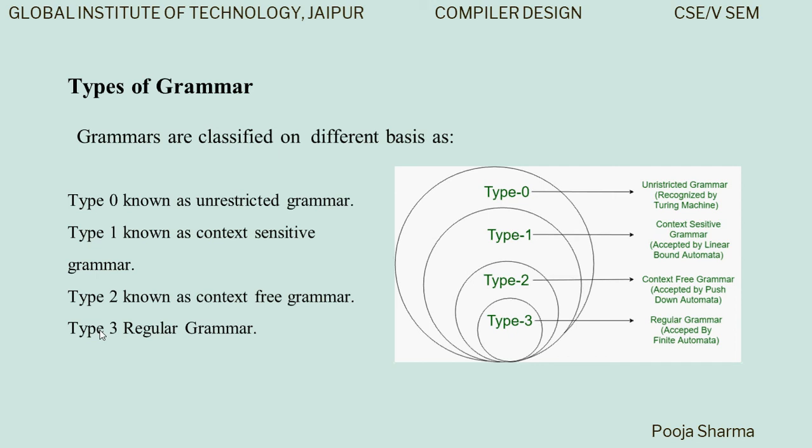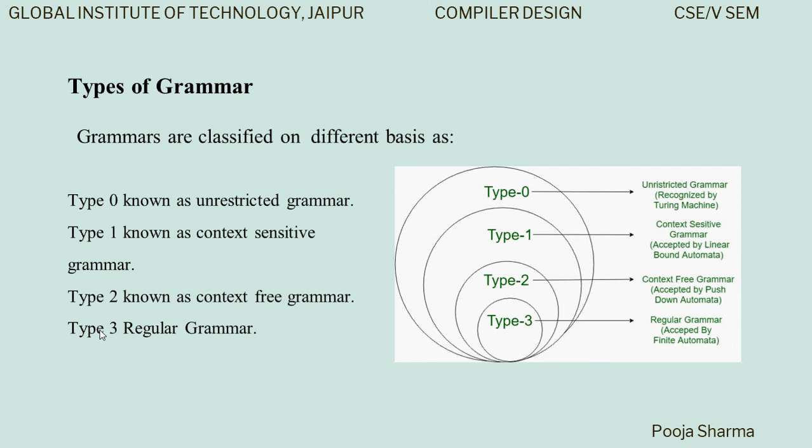Then type 2 is known as context free grammar. Most of the programming language concepts belong to this context free category. Most of the time our discussion will be centered on context free grammar only.